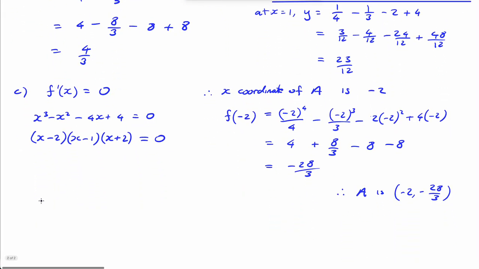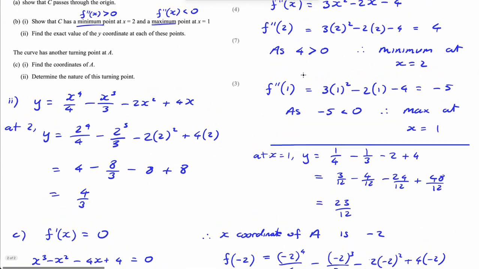And then he says, finally, determine the nature. So this means we need to find the second derivative, f'' of minus 2. Where was my second derivative? It was here.